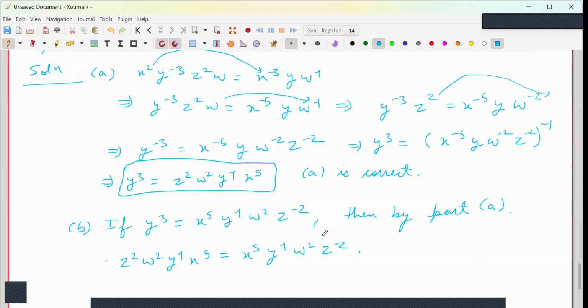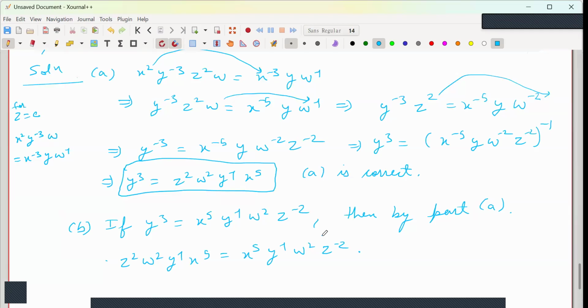So what if I take Z to be identity? Then it will simplify, right? Some simplification will be there. I'm just making a guess. If I take Z to be identity, this will be just X square, Y minus cube, W, and X minus cube, Y, W inverse, right?